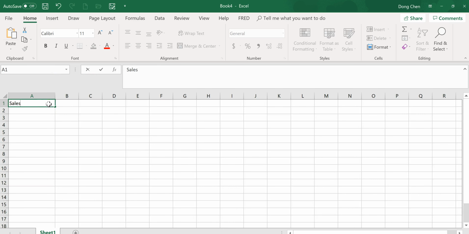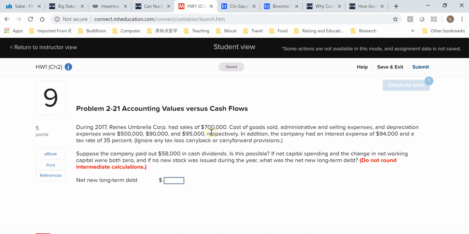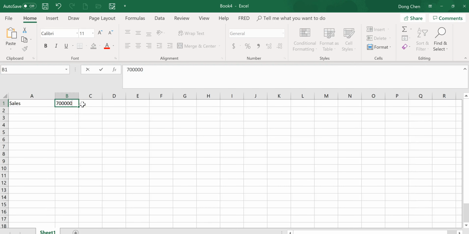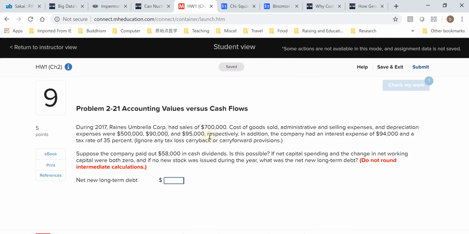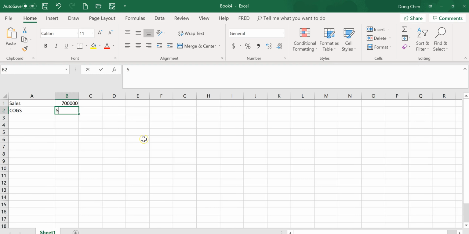So sales is 700,000. The second item is cost of goods sold, COGS, that's 500,000.